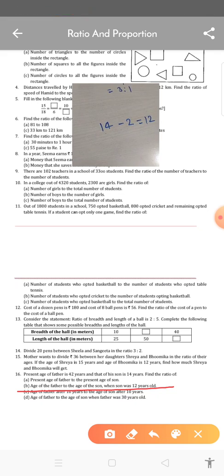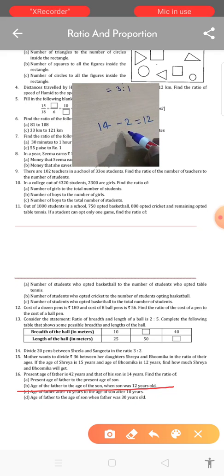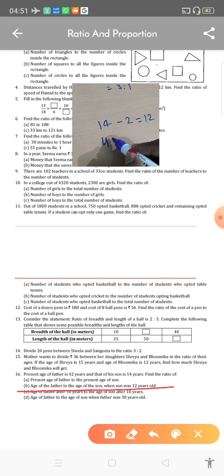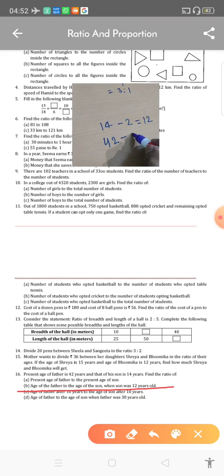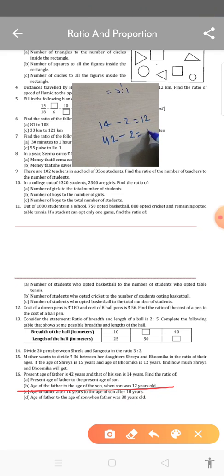The present age of father is 42 years, and if we subtract 2 years, we obtain 40 years.